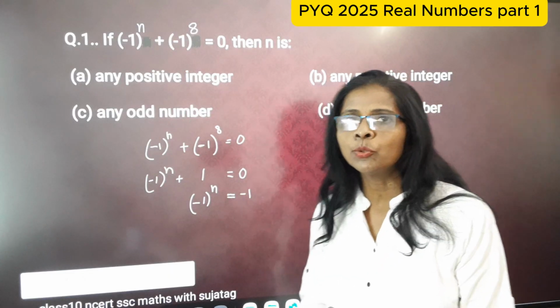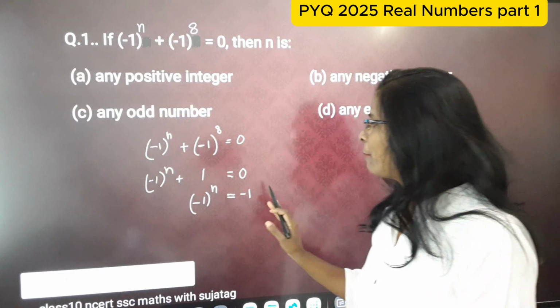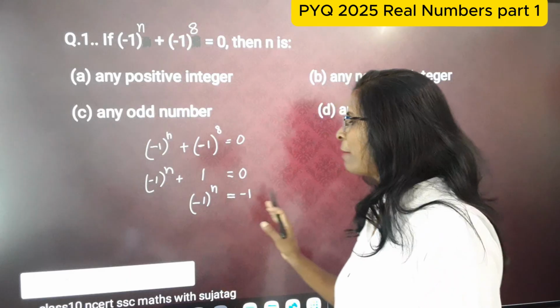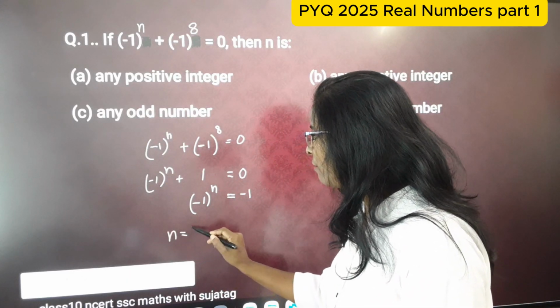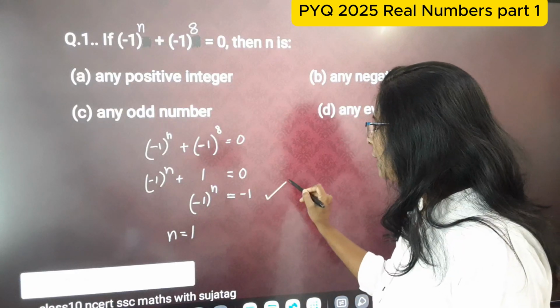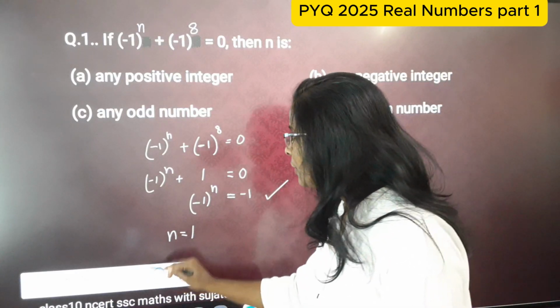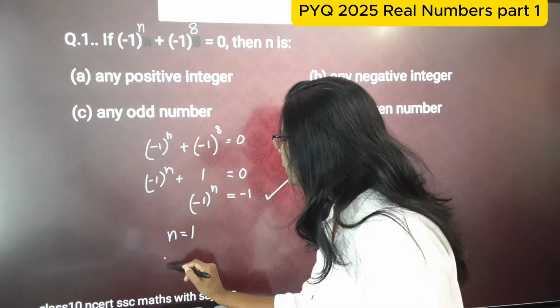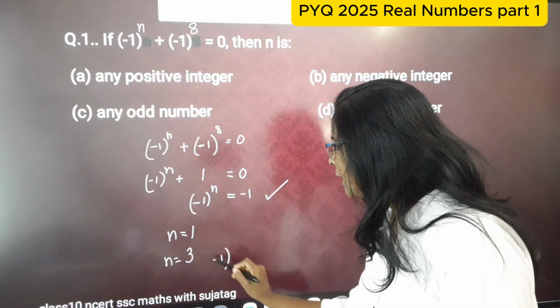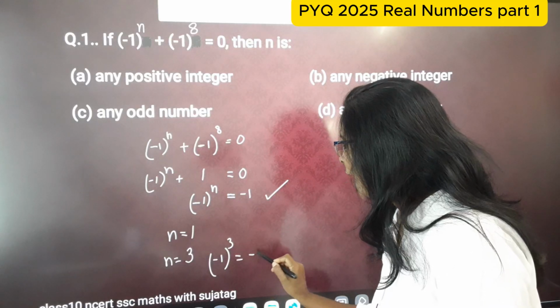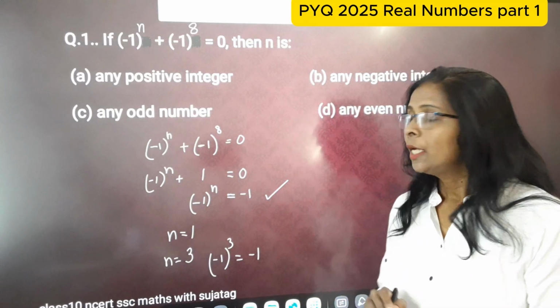Now students, if we want the answer -1, it comes when n has the value 1. If n is equal to 3, it will also give the answer -1.